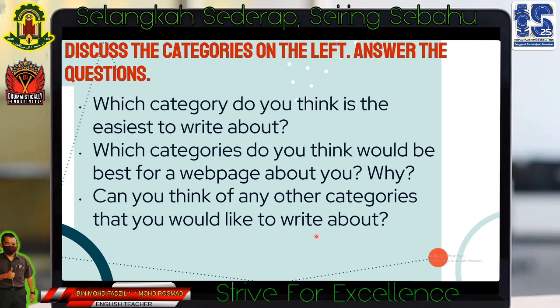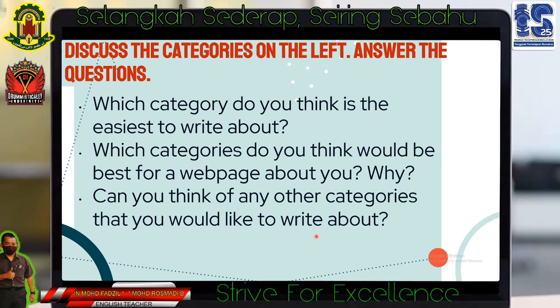The answers tak ada salah, tak ada betul, because this is about yourself. Don't tell your friends that your answer is wrong. The answer should be no. Tak ada siapa betul.